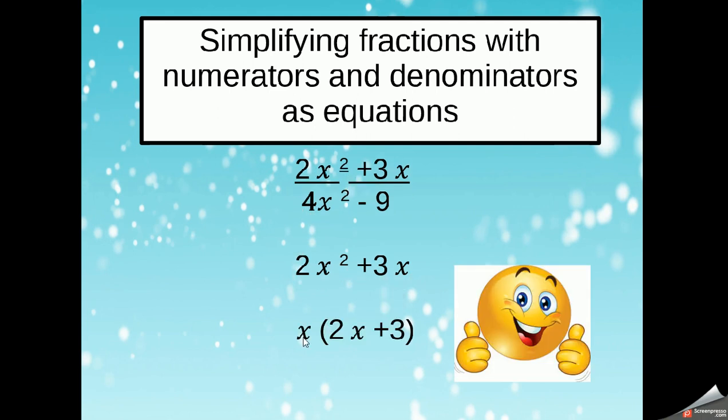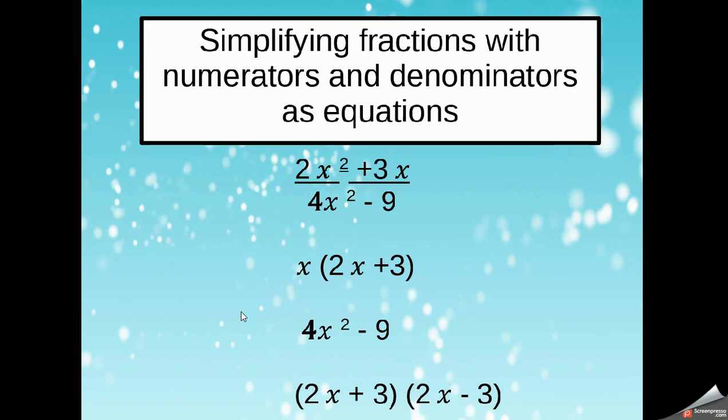So I put the x outside the brackets, and then 2x squared divided by x is 2x, and 3x divided by x is 3. So if you multiply both of these by x, 2x times x is 2x squared, 3x times x is 3x, you get the original expression. So that's factorized the numerator.